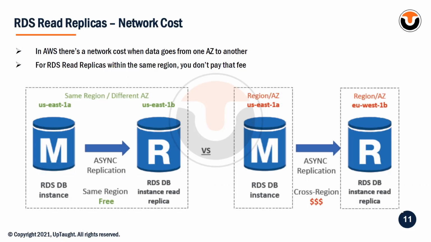But when you are doing cross-region, there is a cost applicable. Within the same region, whether you use read replicas in the same availability zone or a different availability zone, there's absolutely no cost for network traffic, I mean for the data that you transfer from here to there, right? It only comes into play when you have multi-region read replicas.